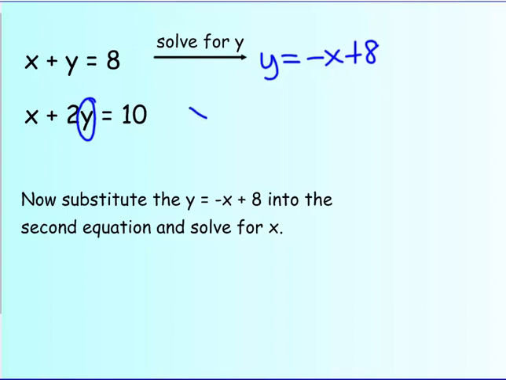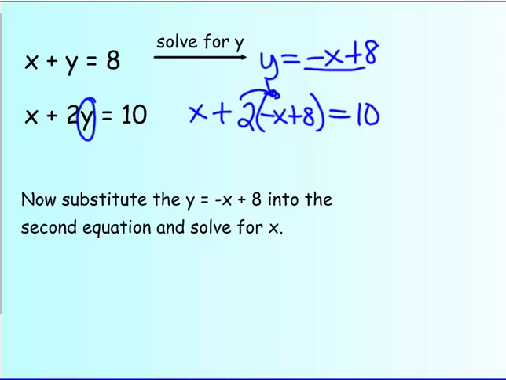So x plus 2 times this y equals negative x plus 8. So I'm plugging y into the second equation, x plus 2y equals 10. And now I have this equation in terms of x only. I have only one variable.